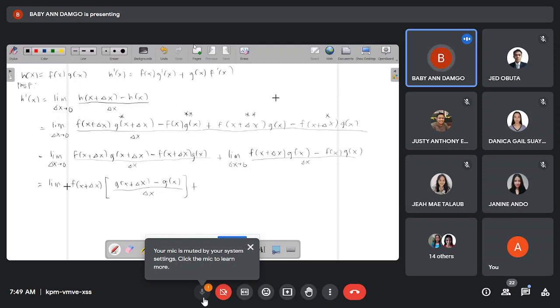So plus the limit. Here, what we factor out is g of x. Okay? So this is f of x plus the change of x minus f of x all over the change of x.